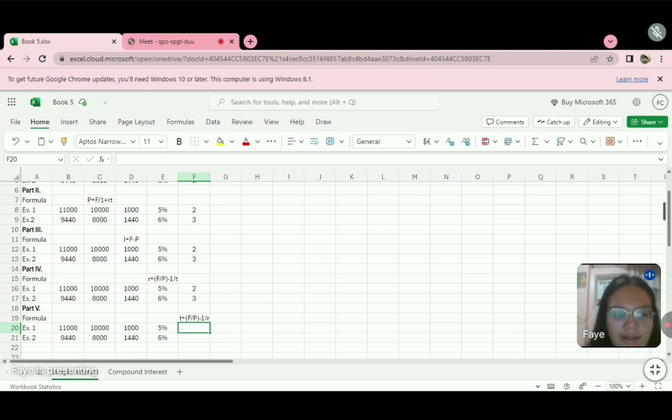So 11,000 over 10,000 minus 1, all over 5%. So that is 2. Oh, sorry. Yeah, 2. And next, we have 9,440 over 8,000 minus 1, all over 6%. And we get 3.